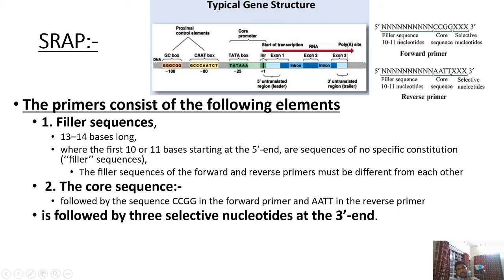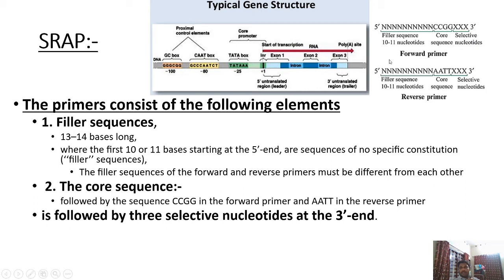Okay, that means in the case of the forward primer, the core region is constructed with a CG-rich region, and in the reverse primer, the core region is constructed with an AT-rich region. And after that, a 3 nucleotide length selective nucleotide region.